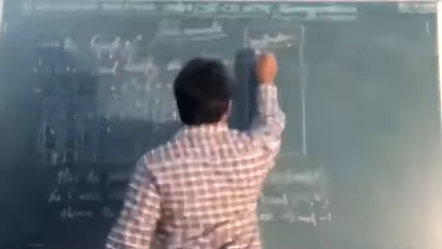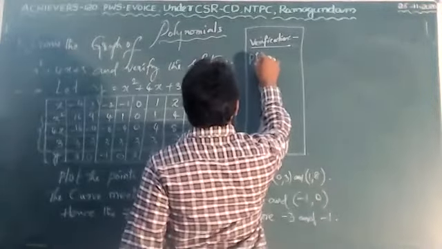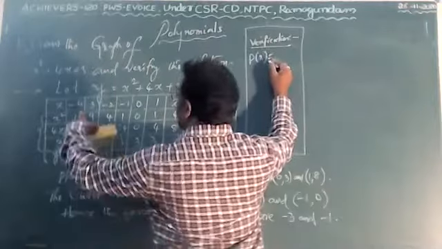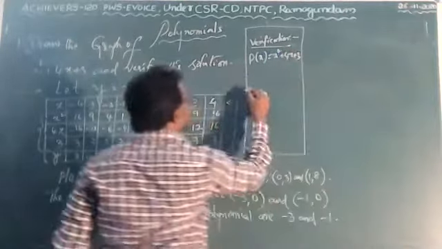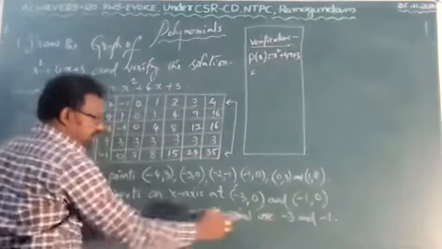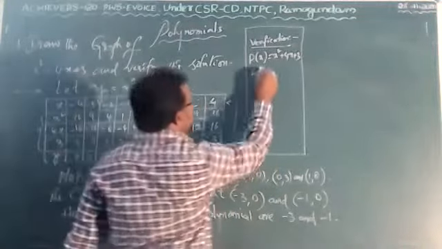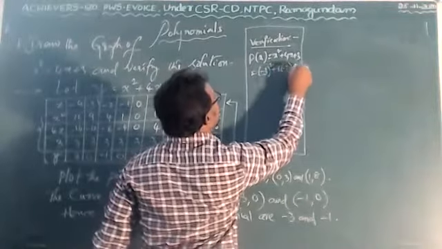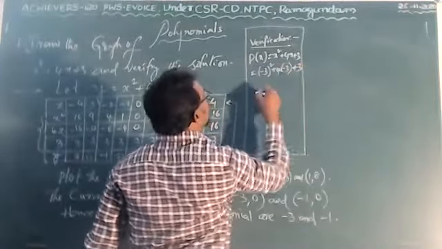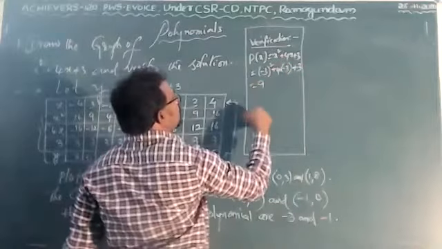What is here? Let us take P of x polynomial. What is the polynomial? x square plus 4x plus 3. What is the x value? See, this is verification. P of -3: -3 whole square plus 4 into -3 plus 3. Minus whole square is plus 9.